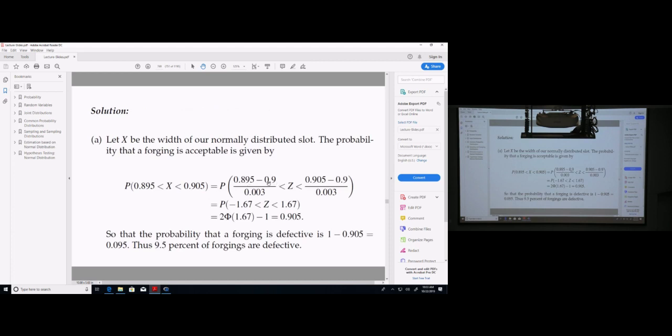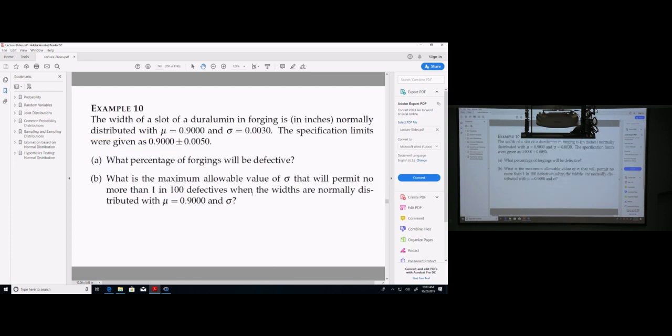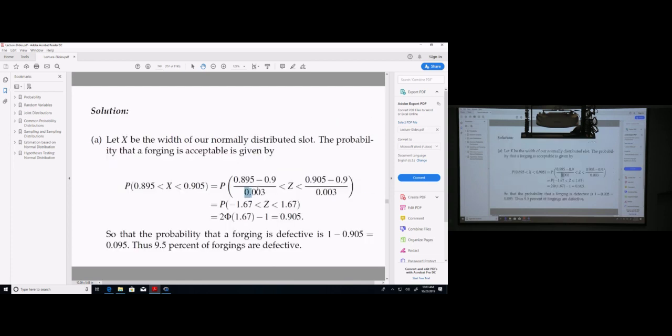Now you still minus 0.9, but now you replace it by... why is it 0.003? Oh, okay, this is 0.003. But now you replace it by sigma. This number will carry a sigma in the denominator.